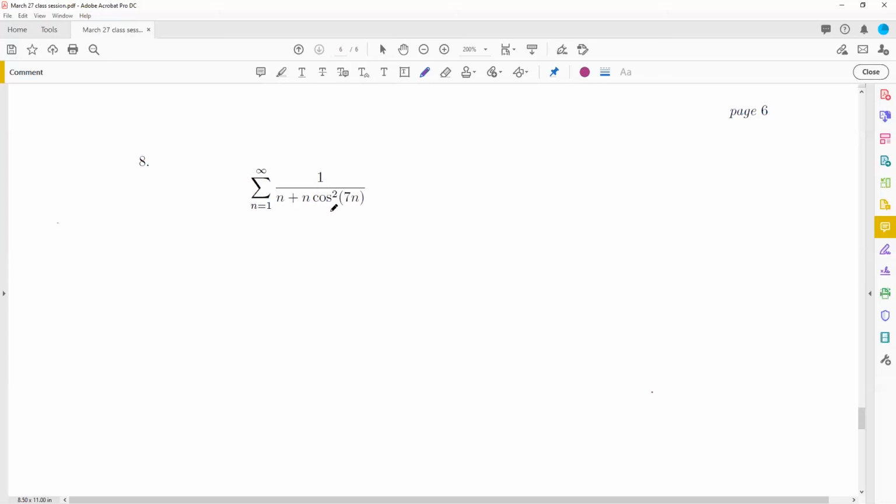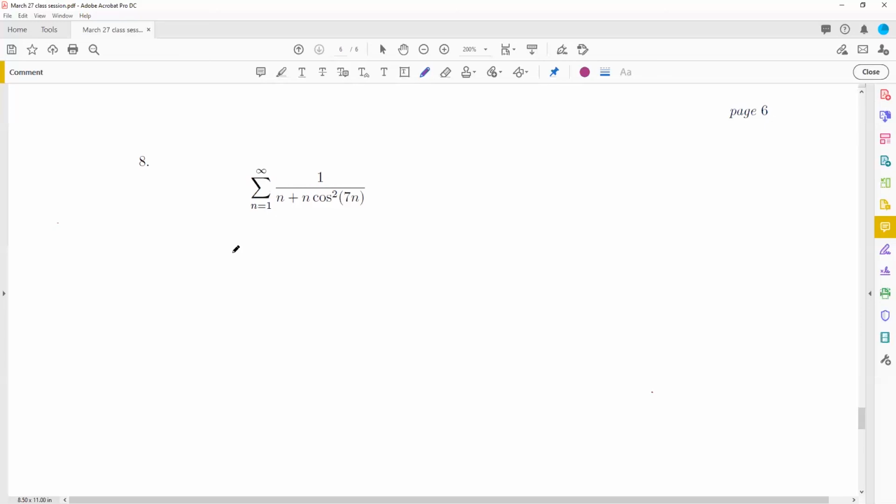This is going to be all over the place, right? Yeah, it's going to oscillate also. But it's going to be between what and what? 0 and 1, right? Because cosine is always between -1 and 1. So cosine squared will always be between 0 and 1.